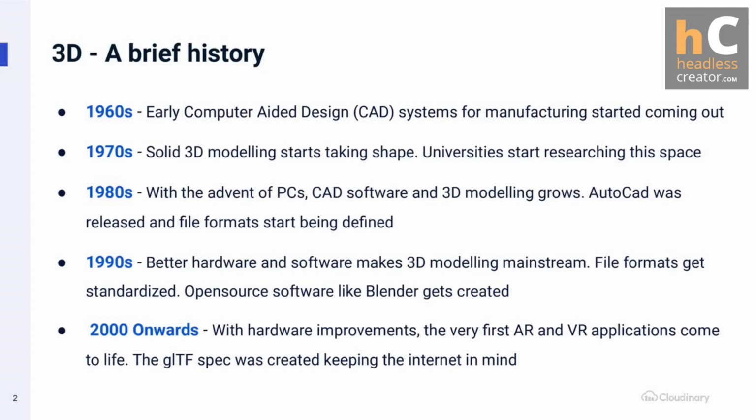People started thinking about a 3D format for the internet that could be streamed, if you think about it that way. That is where the glTF spec was created. GL stands for WebGL, and TF is transmission format. This happened about 2008 or 2010, and that is where we are now. And here's where the space is moving into.